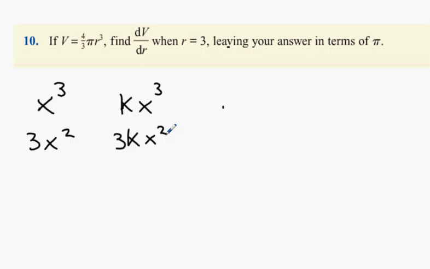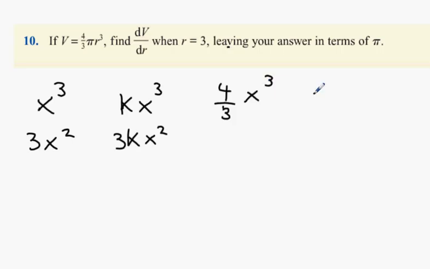Okay guys, go one step further. Can anybody tell me what is 4 over 3 x cubed? How do you differentiate that? 3 gets multiplied by 4 over 3 and becomes 4, and then take 1 away from the power: 4x squared.